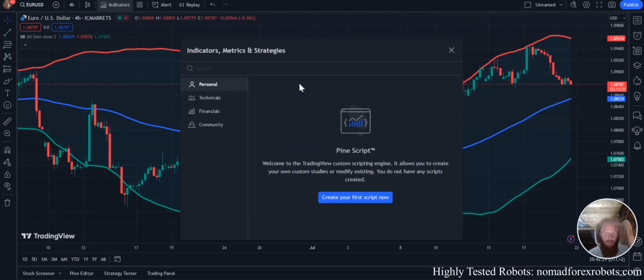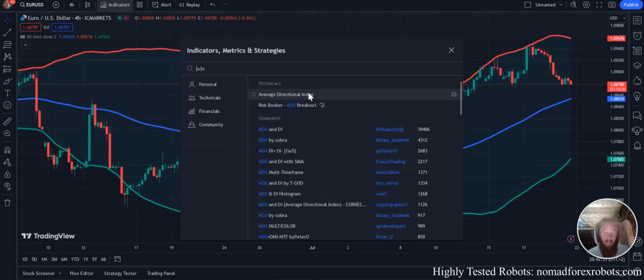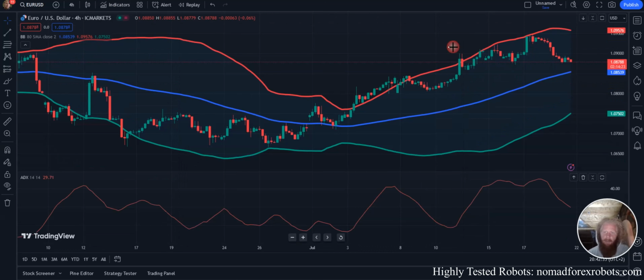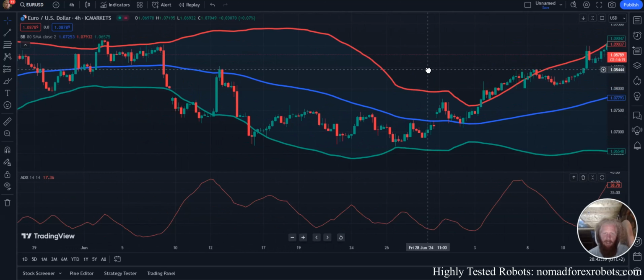Based on my testings, the best way to use this is if you add an ADX to the strategy.